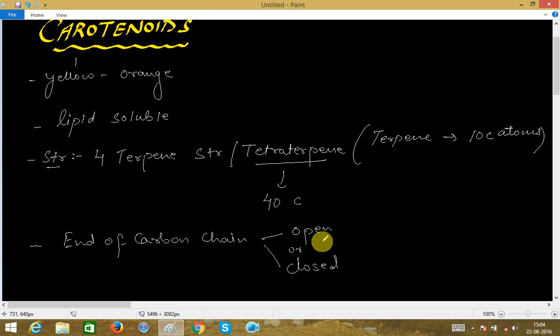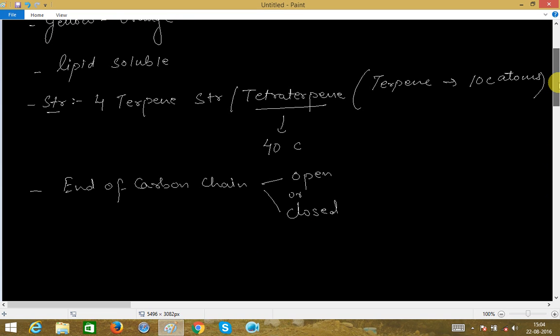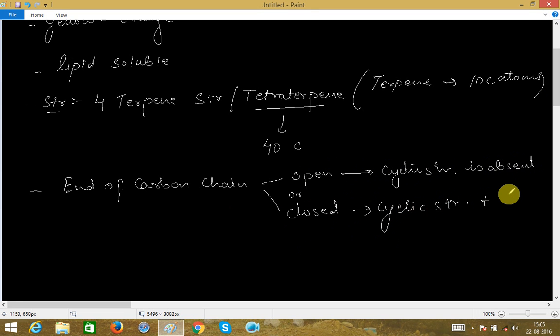If a cyclic structure is absent, if there is no cyclic structure at the end, then you call it open. But when you call it closed, at the end of the chain there is a cyclic structure present. If a cyclic structure is present, then you call it a closed chain.